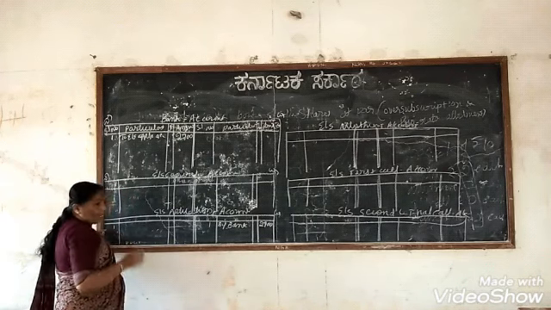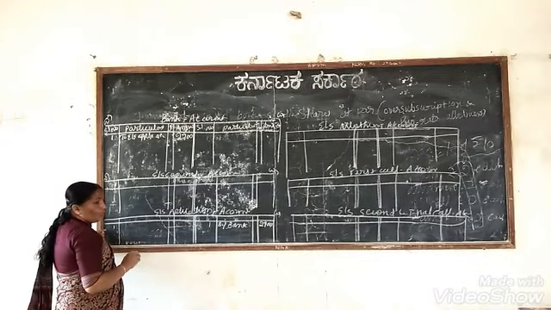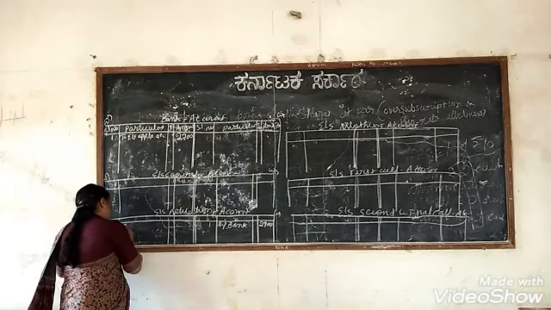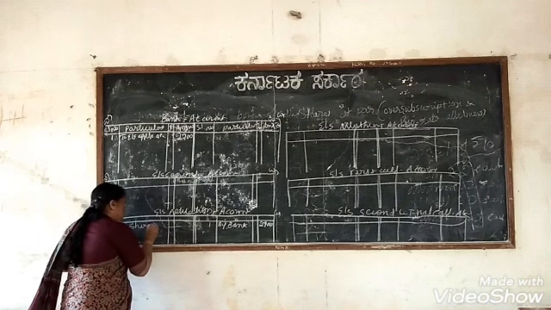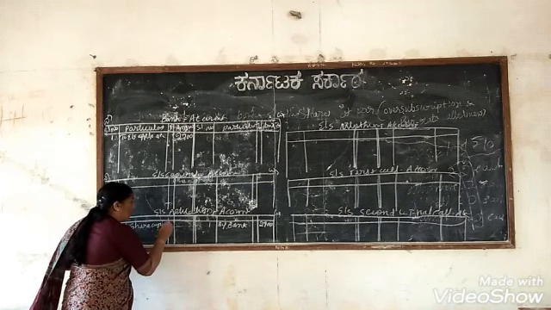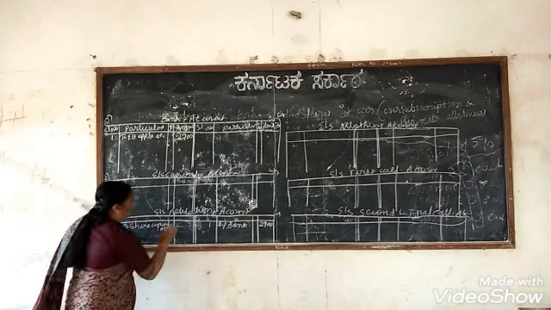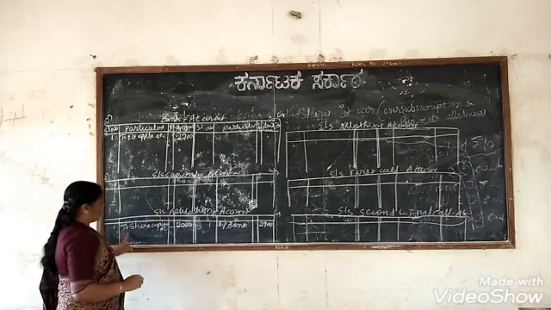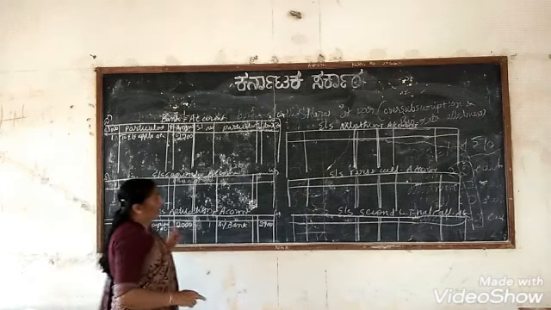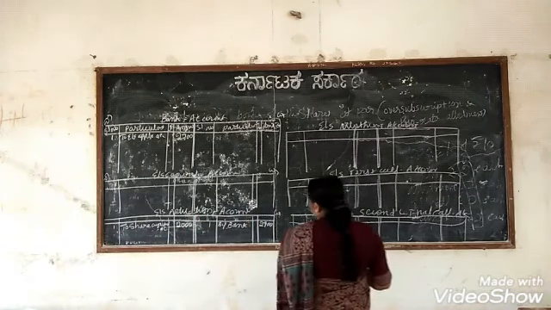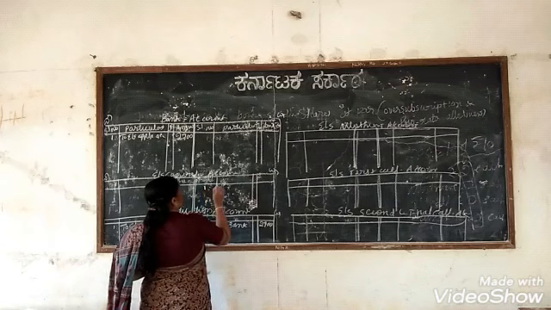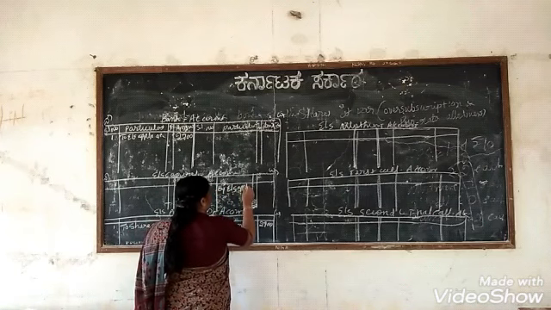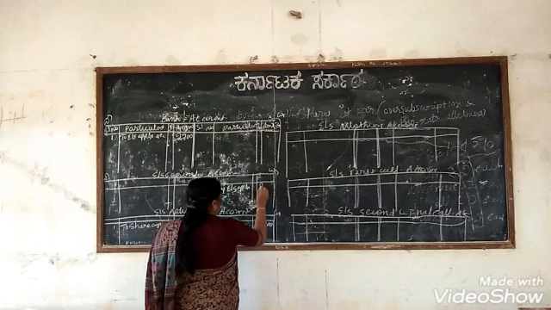Here you write share application account debtor to share capital account, 2,000 only, because see the second entry. Share capital account is to be credited: by equity share application account, 2,000.